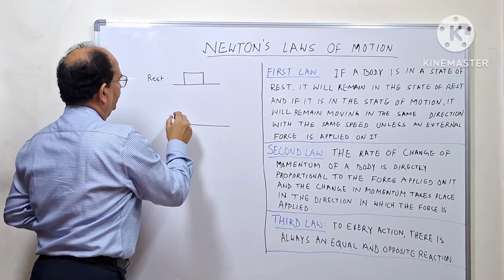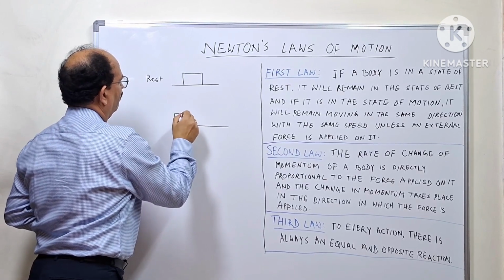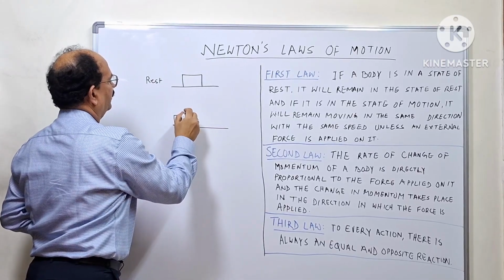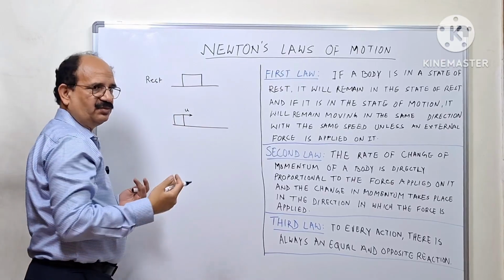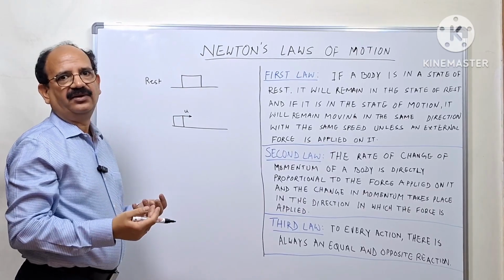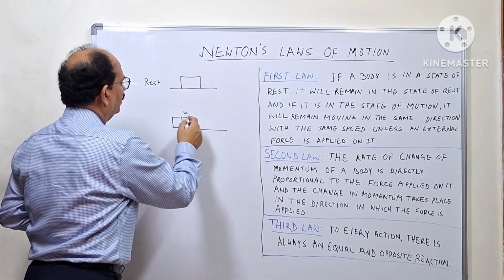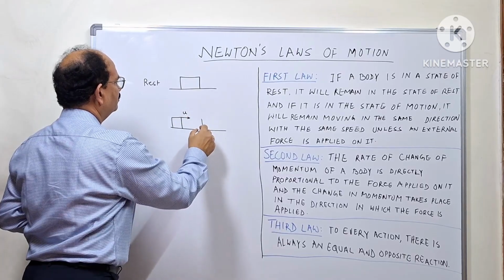Similarly, if a body is moving on a frictionless surface with a constant speed u, and let us assume that the air resistance is also not there, or any kind of resistive force is not applicable on the body, then it will continue moving in the same direction with the same velocity u.